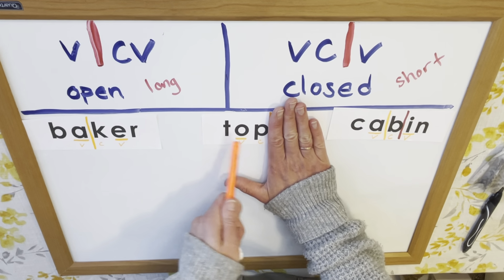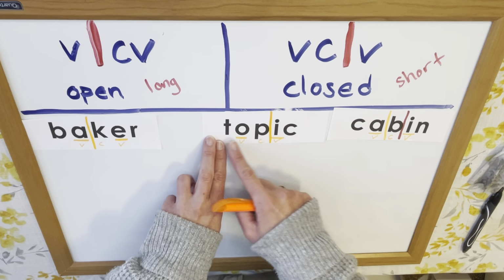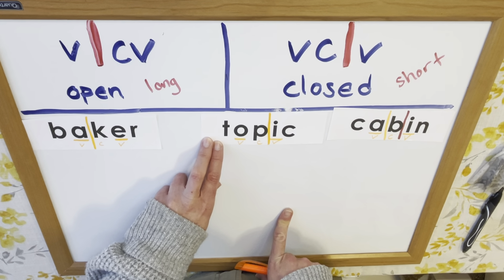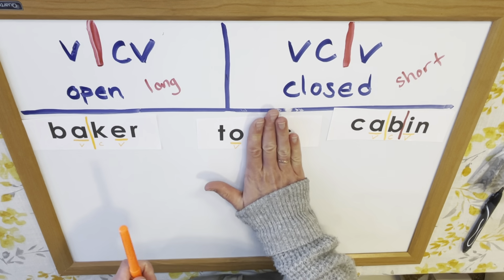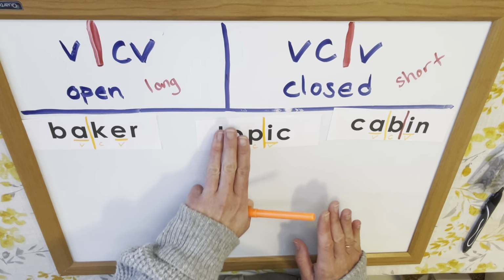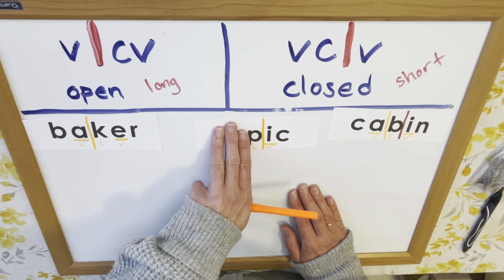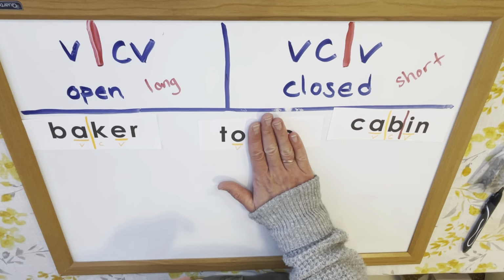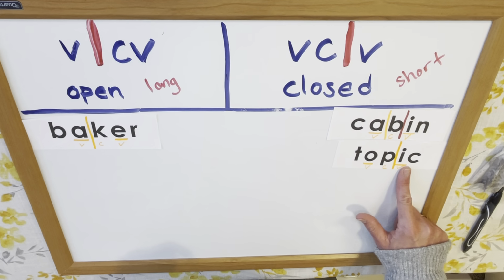So we have top, ic, topic. Okay, topic. If we broke it up this way, we would have had toe-pic. And we know that's not a word. I've never heard of toe-pic before. Okay? So that's going to go right here.